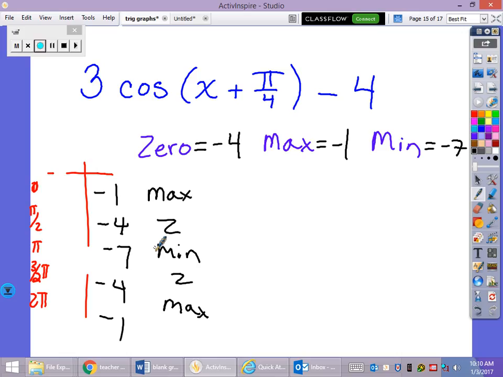What am I going to do to the left-hand side? I'm going to subtract pi over 4. So 0 minus pi over 4 is -pi over 4. Okay? Let me try to make this easier for you. What's a half minus a quarter? A quarter. What's a whole minus a quarter? 3/4.